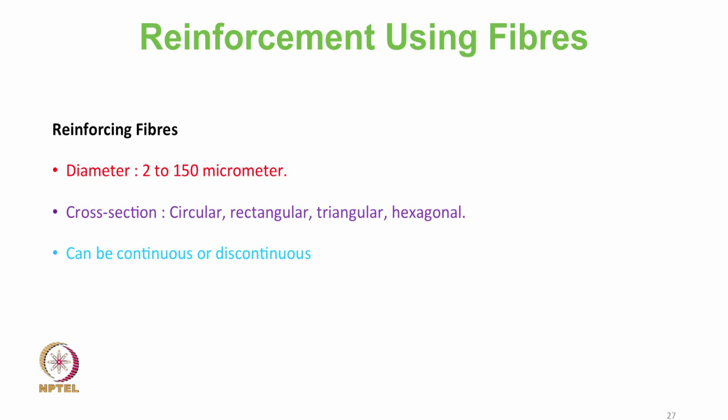It may be tubular, hollow, rectangular, hexagonal or trilobal. There are different shapes available, and we can use fibers depending on the application in the form of staple discontinuous form or in the form of continuous, that is filament form.